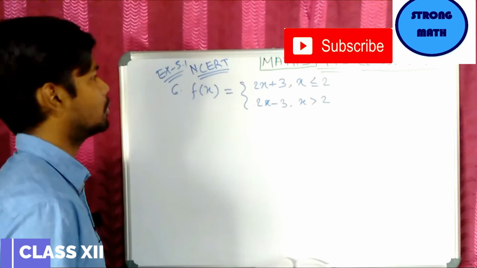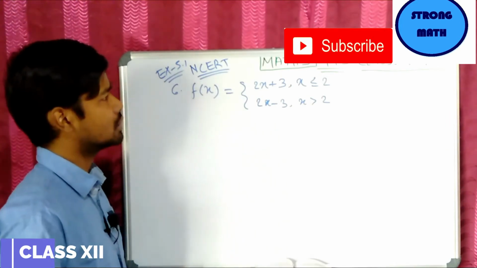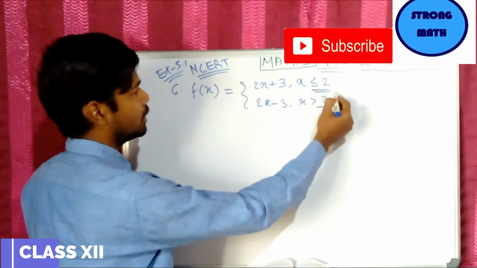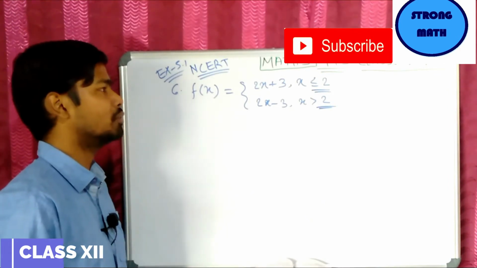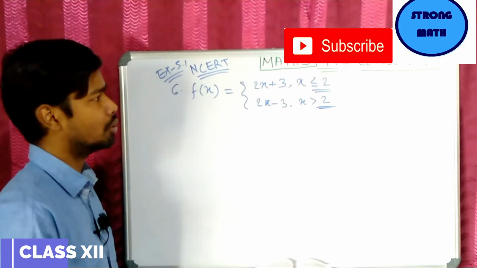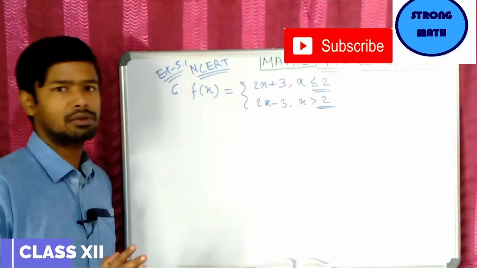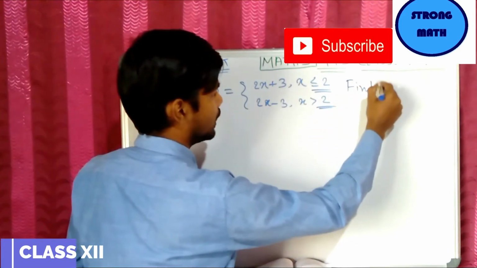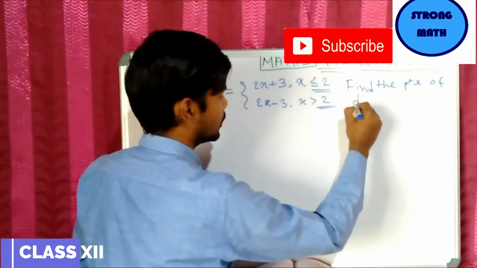So we have to look at where the function is broken. Here the function is broken at the point 2. So we have to test the continuity at that point only. If the function is continuous at that point, then we can say that there is no point of discontinuity.